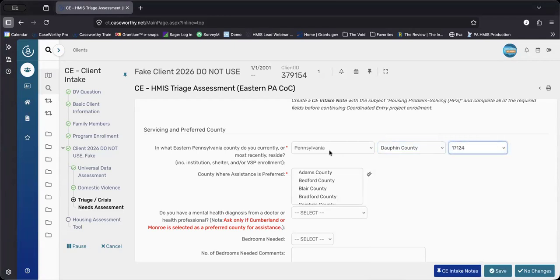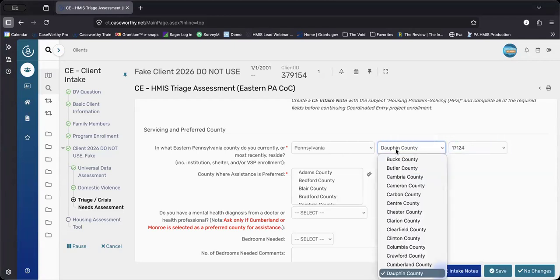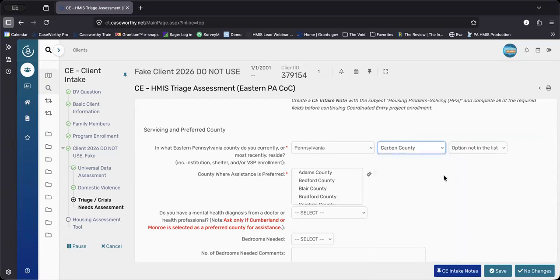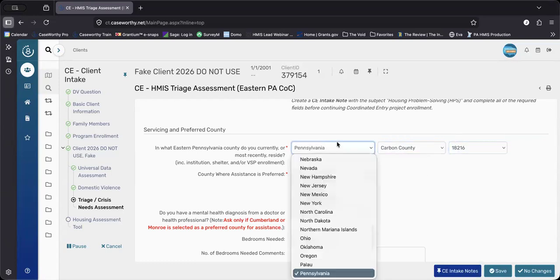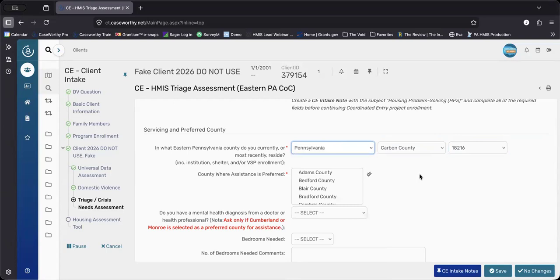So in all cases, ideally, we would collect the current or most recent county of residence within our region. And if it's not in our region, possibly not even in our state, then we still have the option of documenting that by using these drop-down menus.